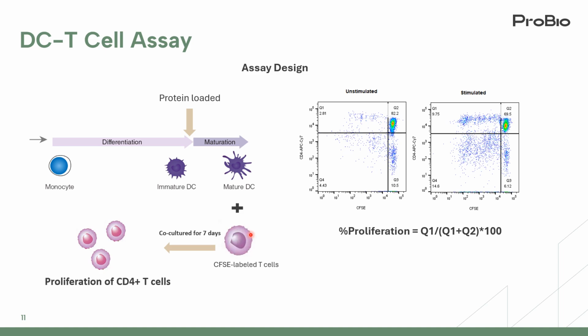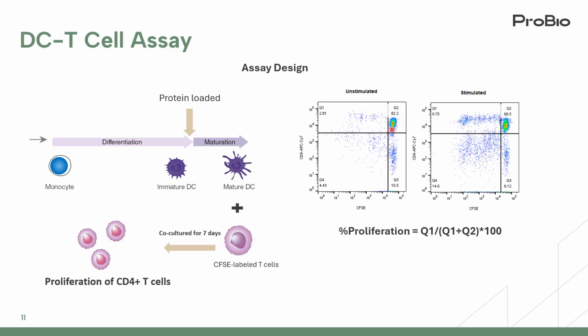And the proliferation of CD4 positive T cell is analyzed by flow cytometry. It is crucial to use the monocytes and the T cell from the same donor and the same batch. Otherwise, it will trigger the immunogenic reaction, leading to a significant amount of background noise.